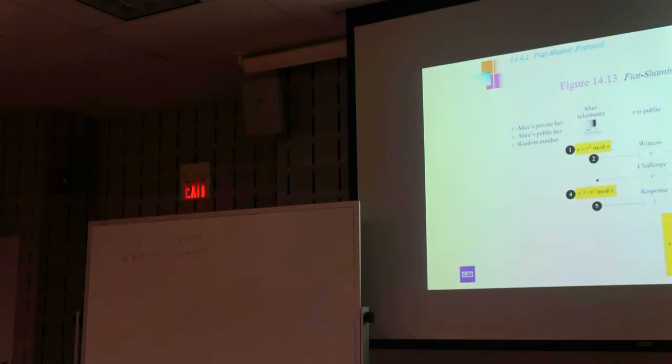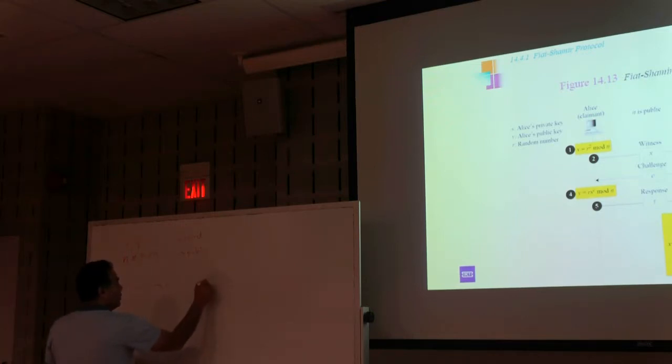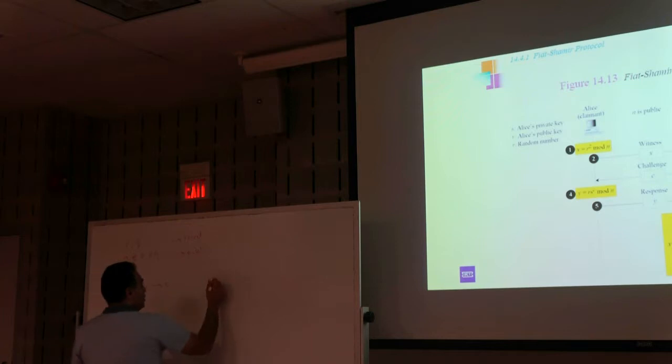The value of n is announced to the public, the values of P and Q are kept secret. Alice, the claimant, chooses a secret number S. This S is greater than 1 and less than n minus 1.